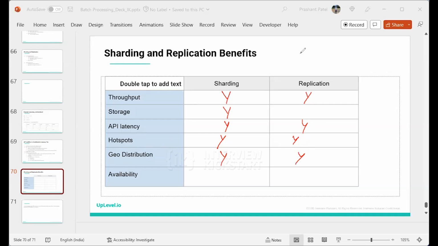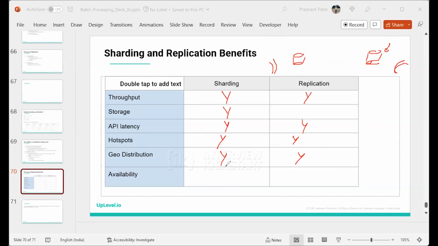Yes, if in one geolocation we have the shard present, the same replica is present in a different geolocation. This one makes it faster for one particular part of the globe, and this one makes it easier for another part of the globe.